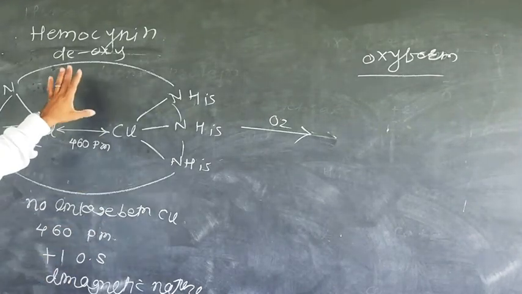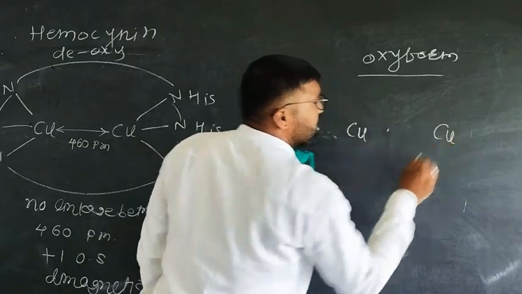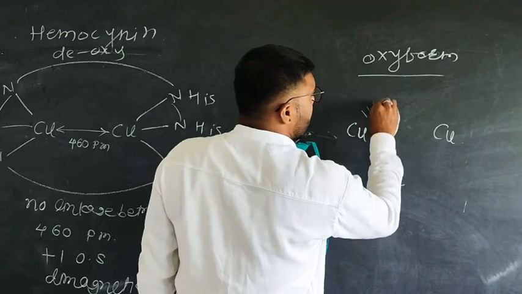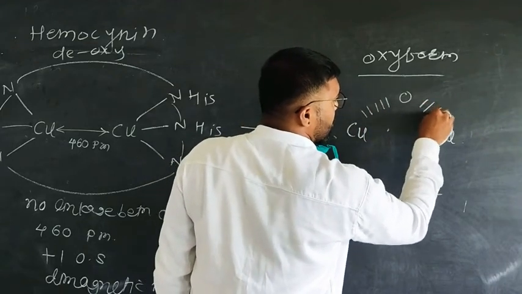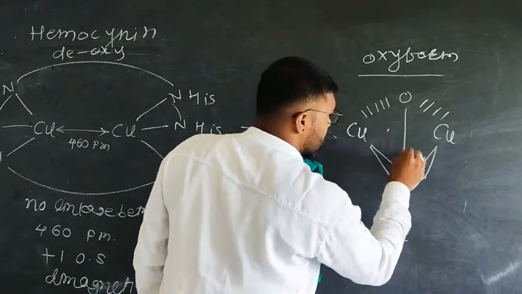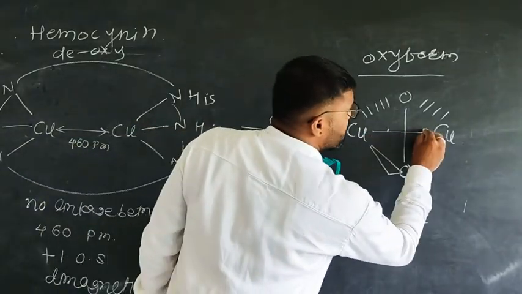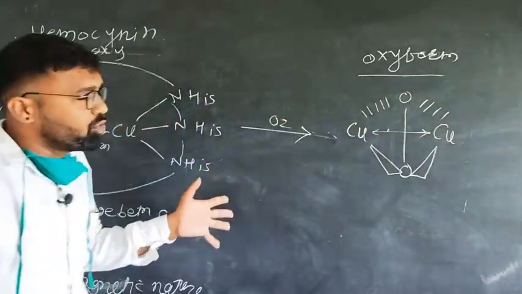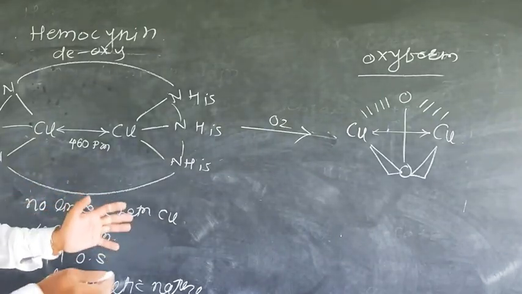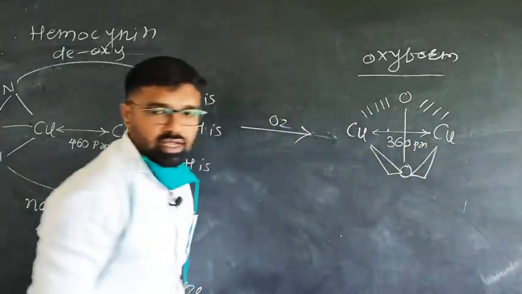When it gains oxygen, the copper forms a complex with the oxygen. Now the two copper metal atoms come closer to each other, and the internuclear distance is now about 360 picometer, right.